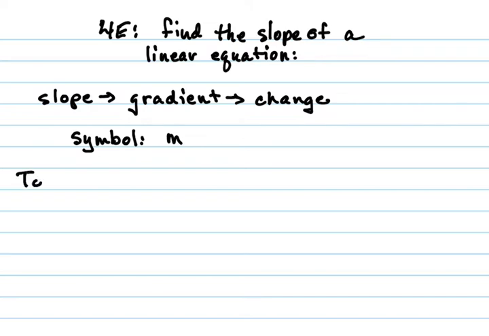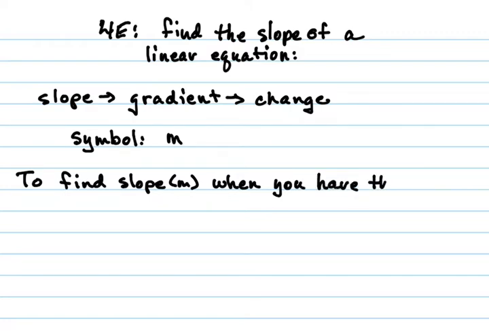And so the first one we're going to do is to find slope, again, m, when you have the graph of an equation. In other words, they've already drawn the picture of the equation for you. So you have the actual graph of that equation drawn for you.